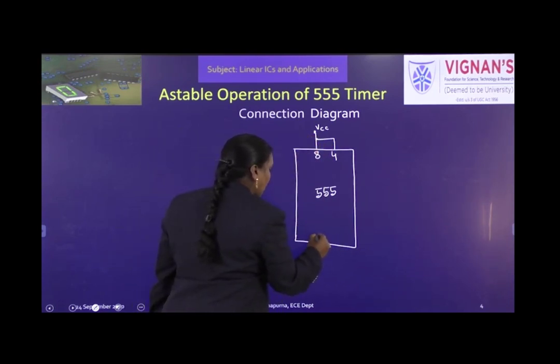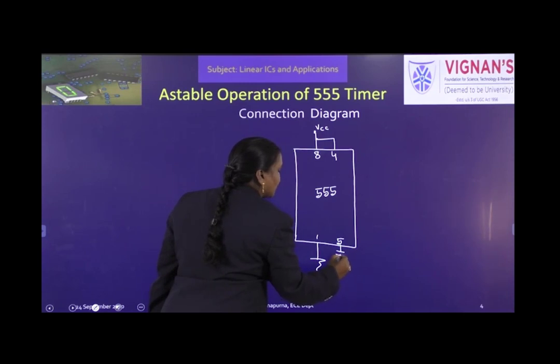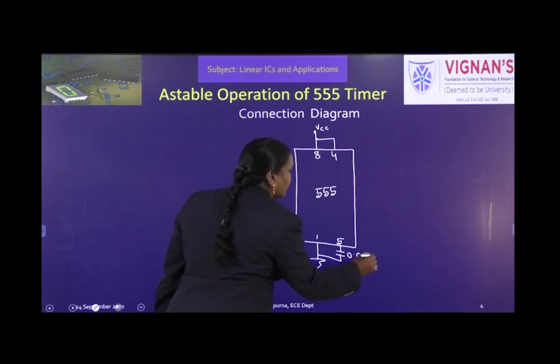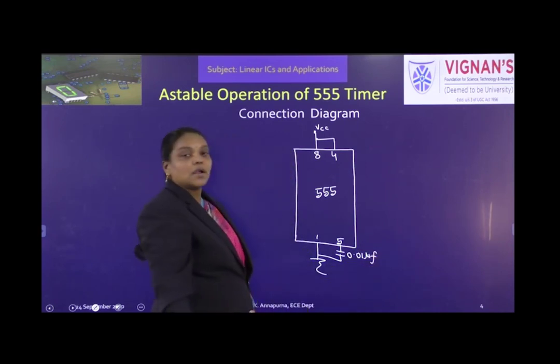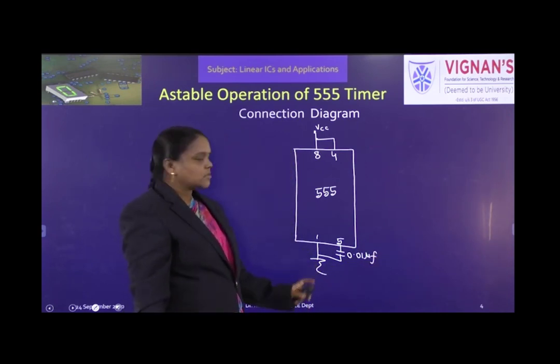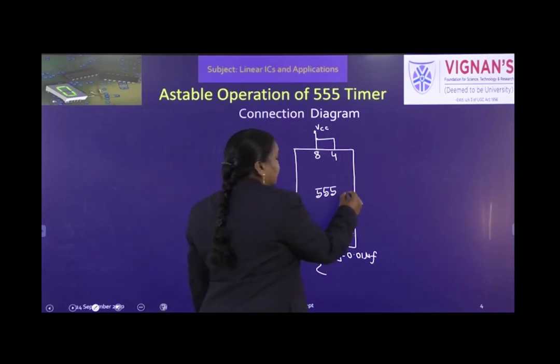The first pin is ground. The 5th pin is control voltage. When you are not using this pin, generally it is connected to ground through a 0.01 microfarad capacitor to bypass the supply ripples. And the 3rd pin is output.